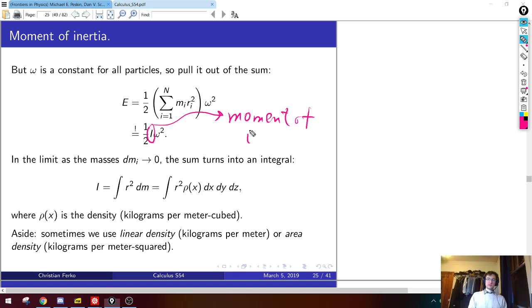So you may have seen this before in the context of angular momentum, where you would write L is I omega. So you can also write this for vectors, L is I omega. But I chose to motivate it with the total energy. So now what we know is the energy of a body rotating with angular velocity omega is 1/2 I omega squared.